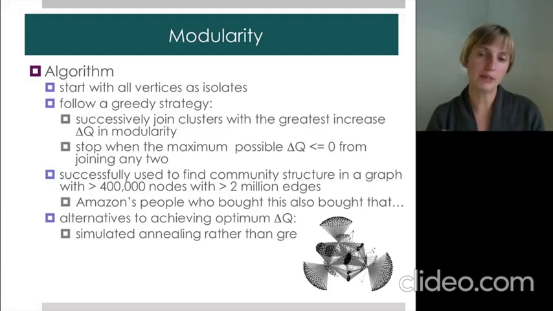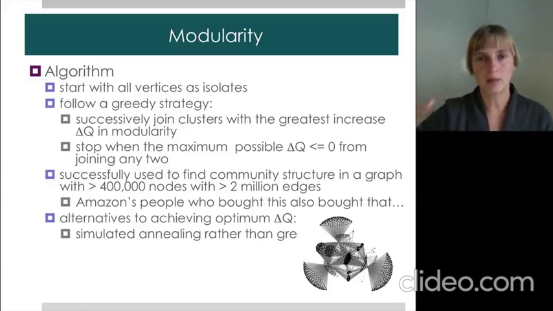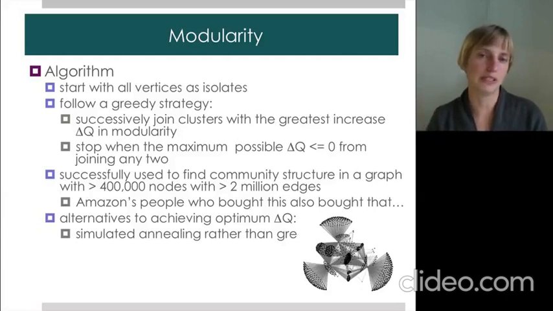And so we can keep doing this until the modularity no longer increases, or we can actually go beyond that point, allow modularity to decrease, but we still have a way of minimizing that decrease and also getting larger communities. So this is very scalable up to very large graphs, and there is code available if you want to just download it standalone, but very nicely it's also implemented in Gephi.